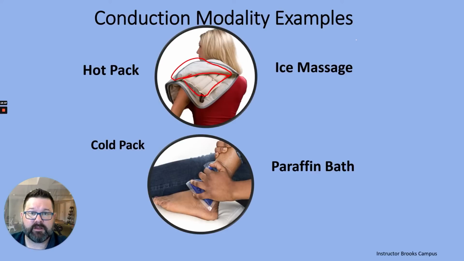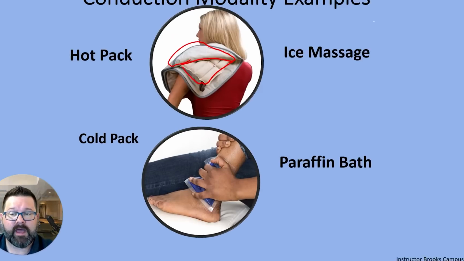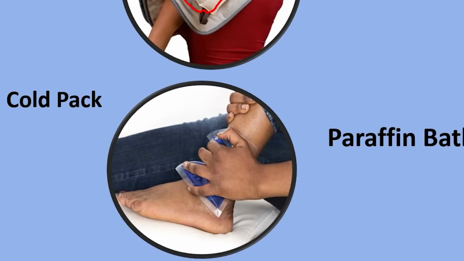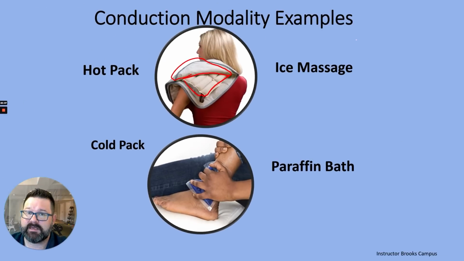The next modality we will look at is cold packs. Cold packs are the exact opposite of hot packs. They can be a chemical cold pack, which actually creates a thermal reaction that absorbs heat from the outside, causing it to be cooler than room temperature, and that absorbs some of the heat of the body. The heat is transferred via conduction from the body to the pack.